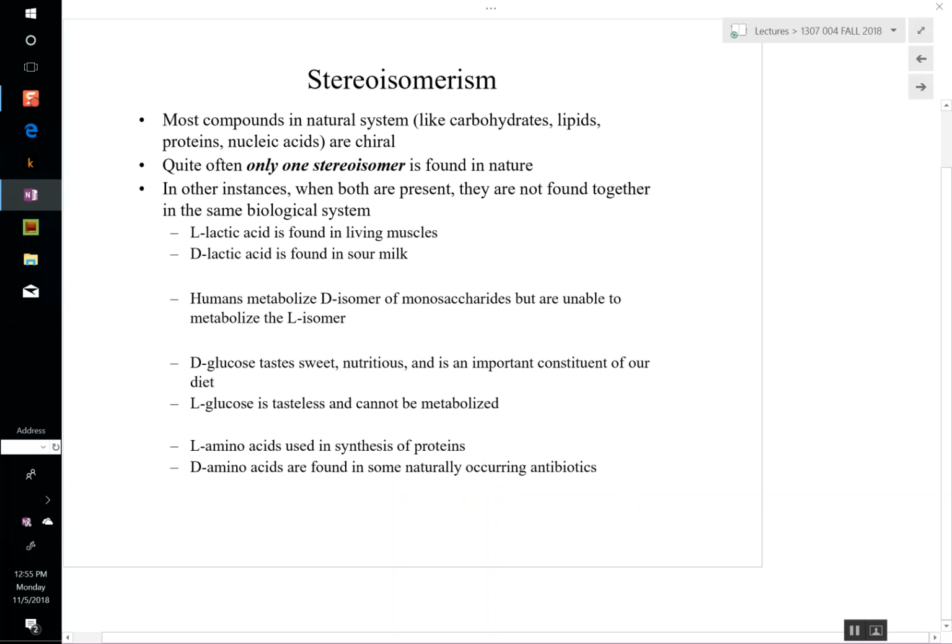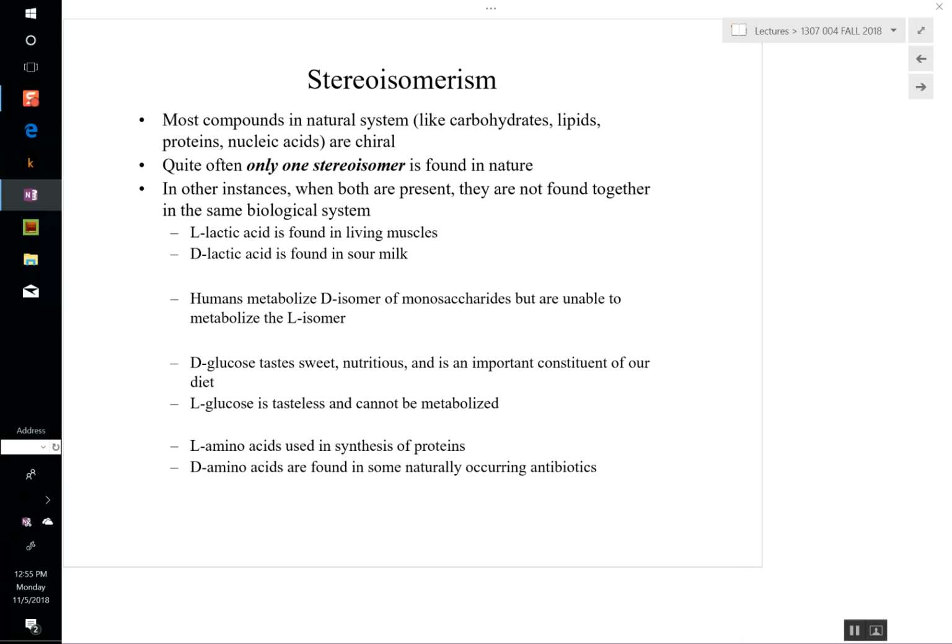All right, there are only a few examples of L monosaccharides in nature, in living systems. L lactic acid, D lactic acid. D glucose is sweet. L glucose does not stimulate the taste buds.